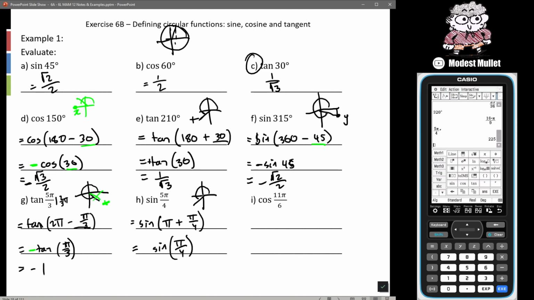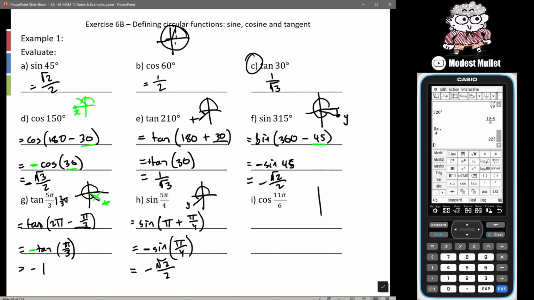And was my original quadrant negative or positive? Well, my original quadrant's down in quadrant 3. I want the y coordinate, it's going down, so therefore it must be negative. And sine of pi on 4 is root 2 on 2, and we just make it negative.